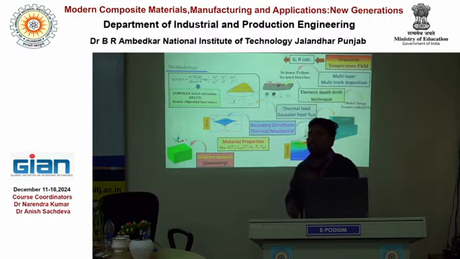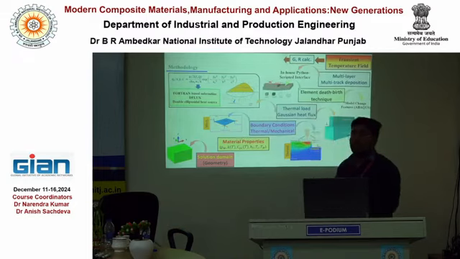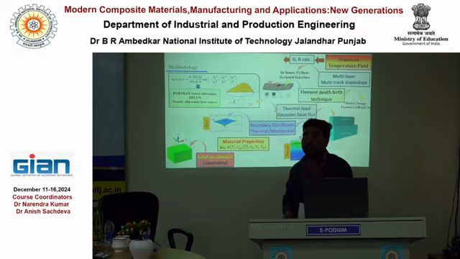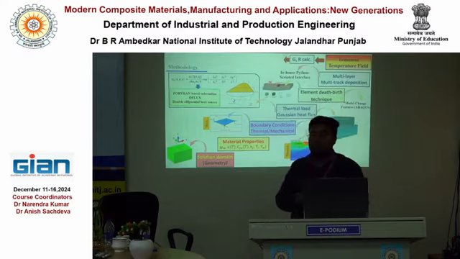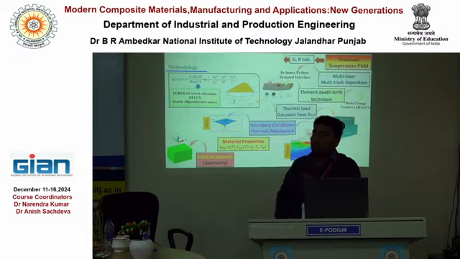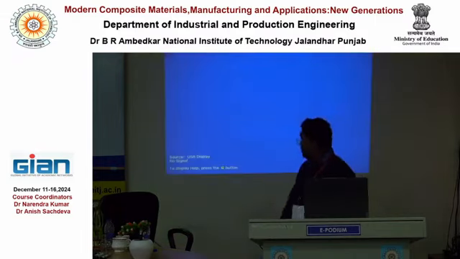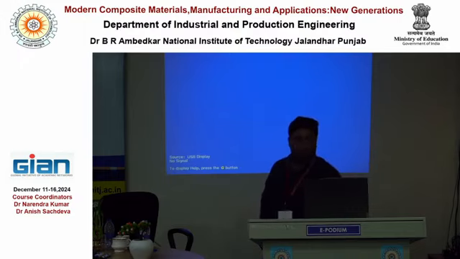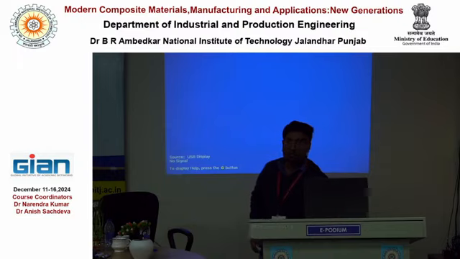Solidification rate times temperature gradient gives you the cooling rate, and the cooling rate will decide the microstructure of the material, whether it is a composite, pure metal, alloy, or even polymer. If we are thinking of a polymer-based matrix, microstructure comes into existence there also. So whatever microstructure you are going to get depends upon the G and R values.